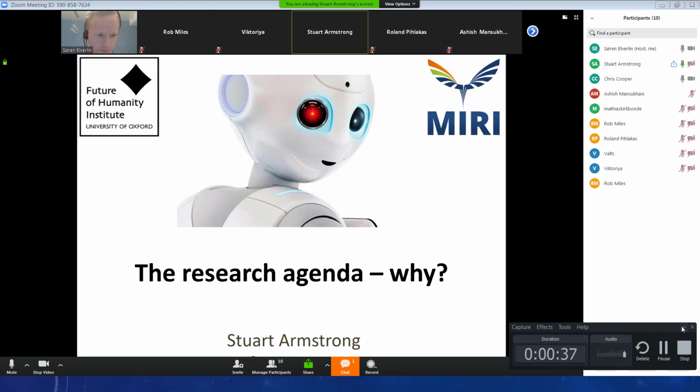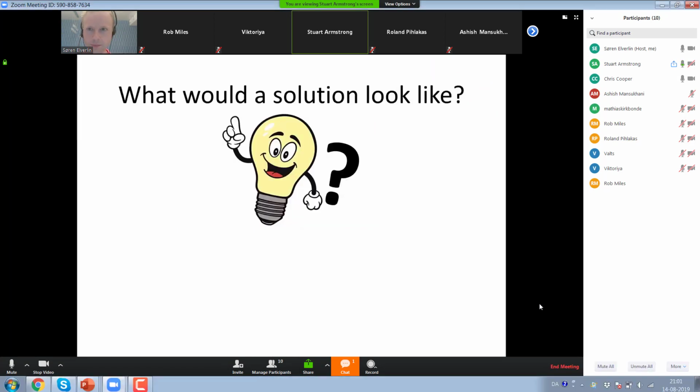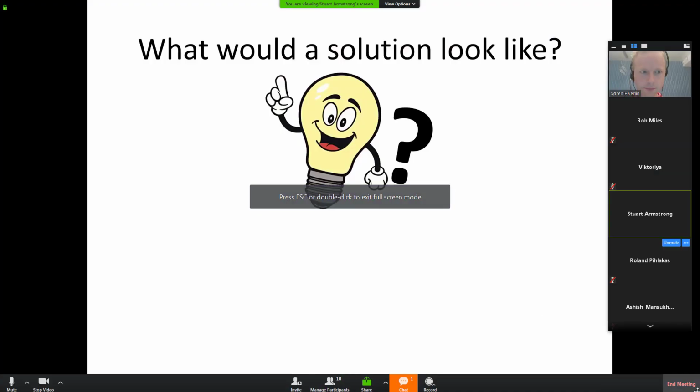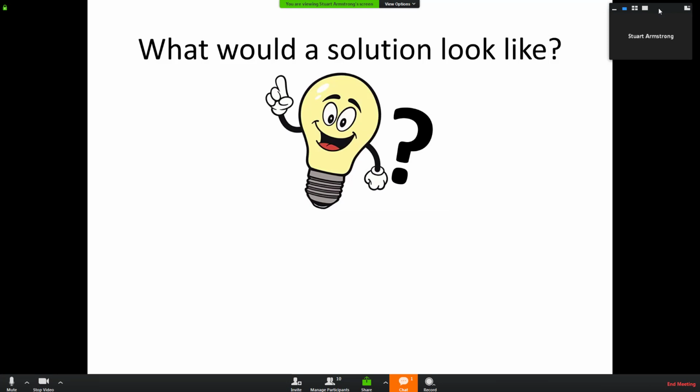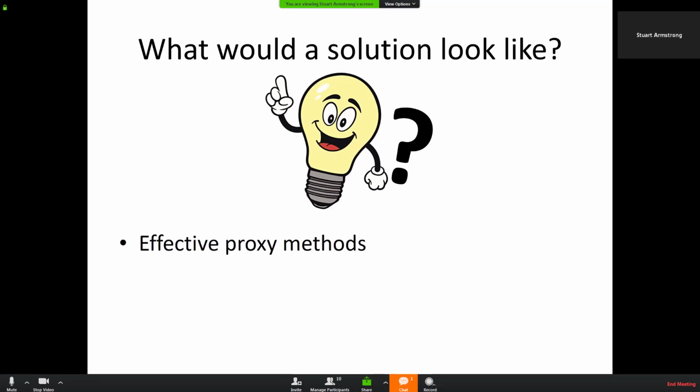But to start off with, one question is to ask in reverse. What would a solution look like? Suppose we said we had all of human preferences in some compact form or some utility function form. How would we have got it? There's a few ways we could have got it.